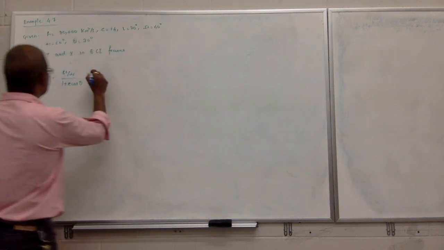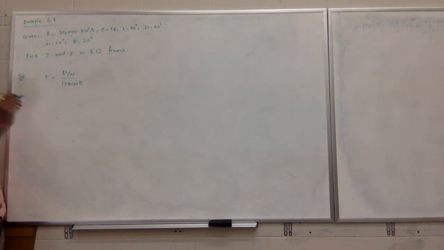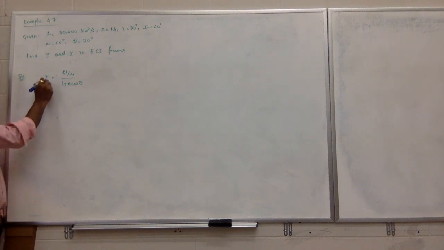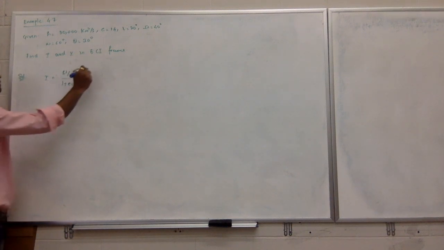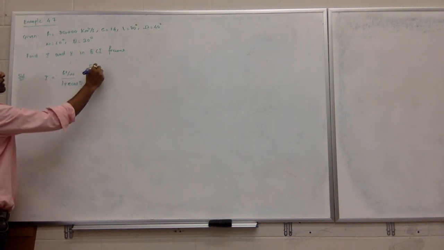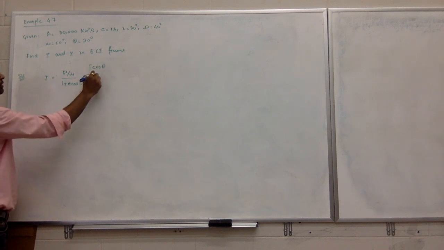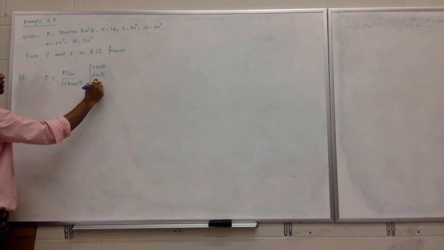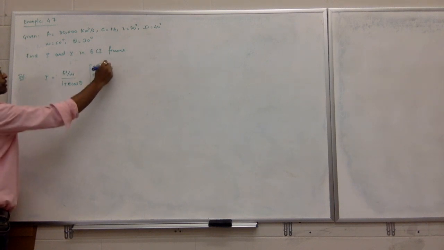Now see if this makes sense. Guys, look at it here, okay? I make this a vector. My P component is cosine theta. Q component is sine theta. W component is 0.